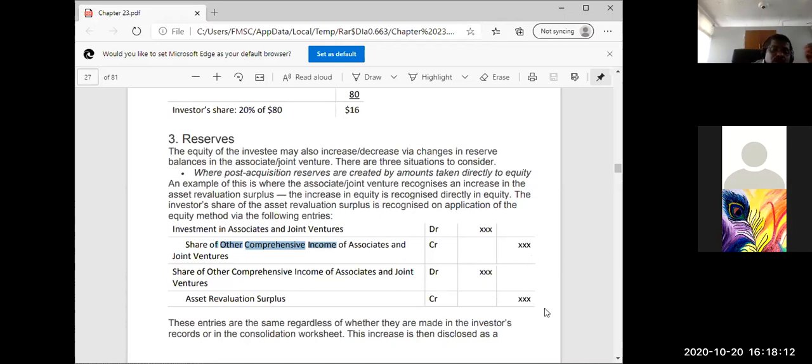So to bring that value to the revaluation reserve, you put another entry: share of other comprehensive income, you debit the same amount and credit the revaluation reserve. What I want to communicate to you is that by putting these two entries, you put a contra entry. The real journal entry is debit investment in associate or joint venture and credit the asset revaluation reserve. So these two entries are just to make the items appear in the OCI.